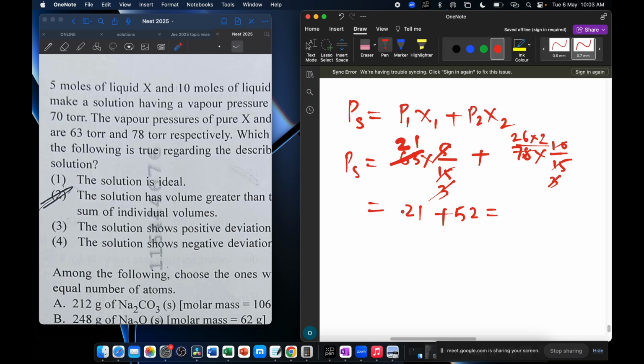How much did we get? 52 plus 21 is 73. So this is calculated, right?